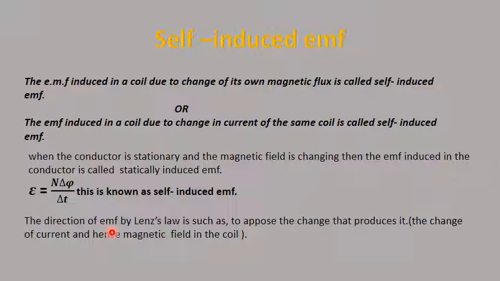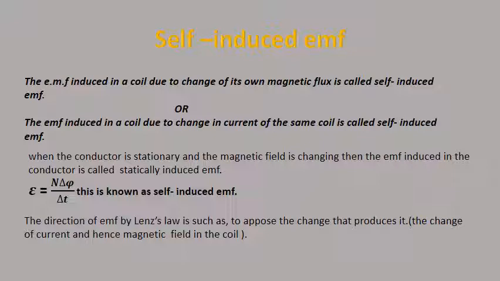So this whole situation happens in the same coil, and this is known as self-induced EMF. Or the EMF induced in a coil due to change in current of the same coil is called self-induced EMF.